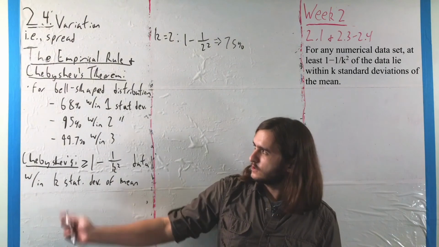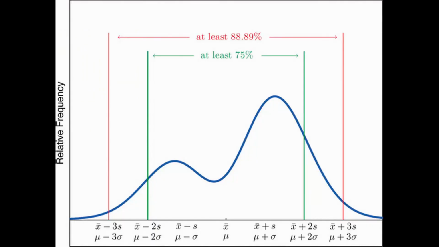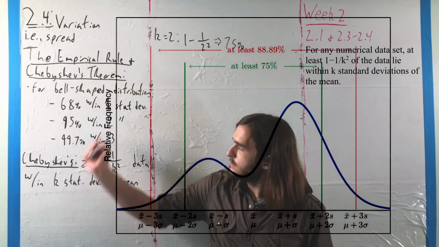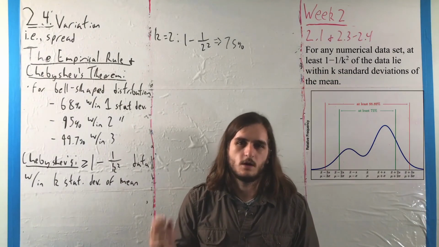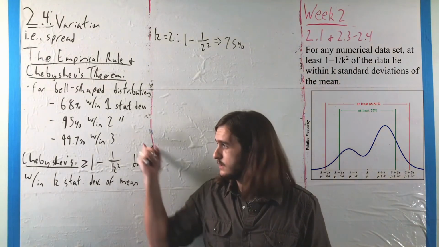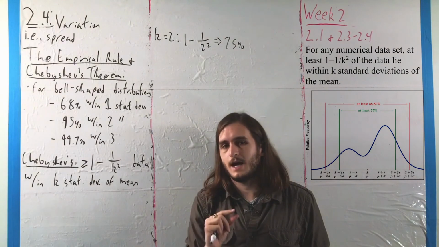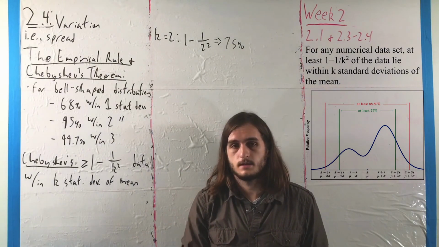And Chebyshev's theorem is more general. It fits to most distributions, but the empirical rule is a little bit stronger, even though it's a bit more specific, because it gives a tighter approximation, in a sense.